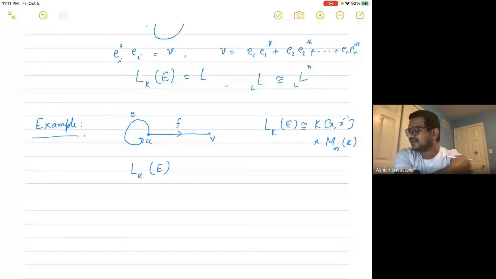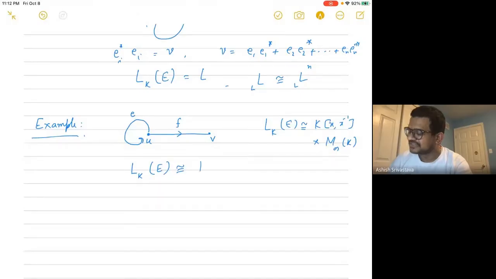In fact, one can see, as left ideals, yes, it will be isomorphic to K[x, x inverse] cross the infinite matrix ring, where there are only finitely many entries in any row. But more precisely, this is just this algebra.